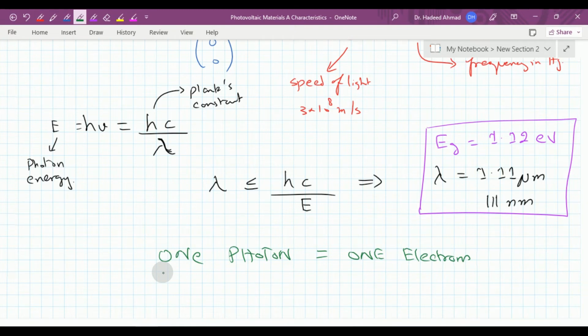One photon can only be used to knock out one electron from the filled band into the conduction band, and therefore any energy which is more than the required 1.12 electron volt is wasted as heat.